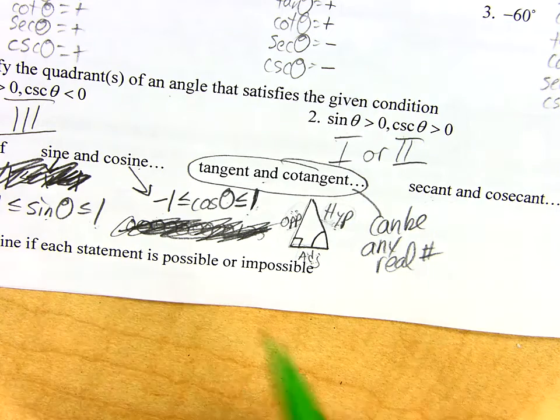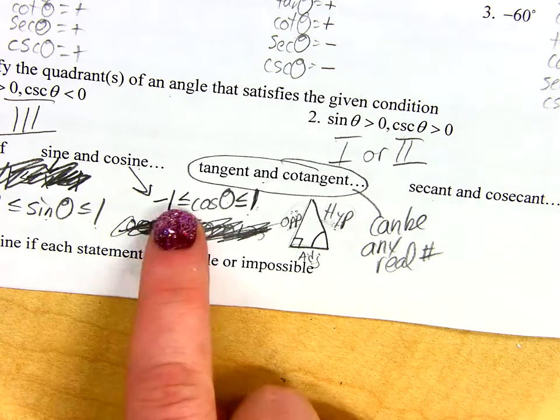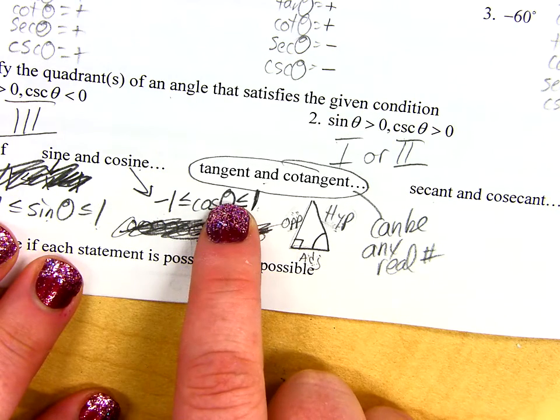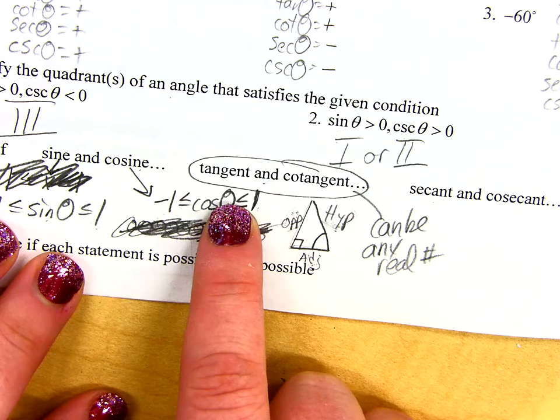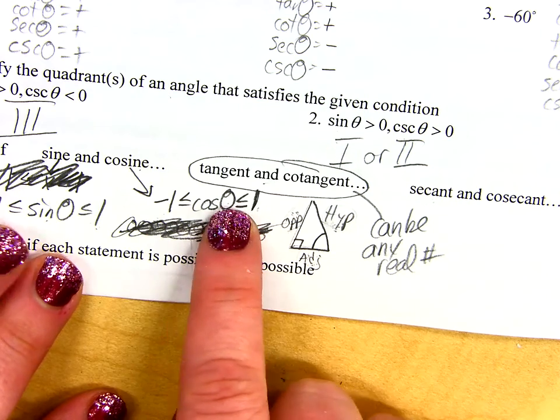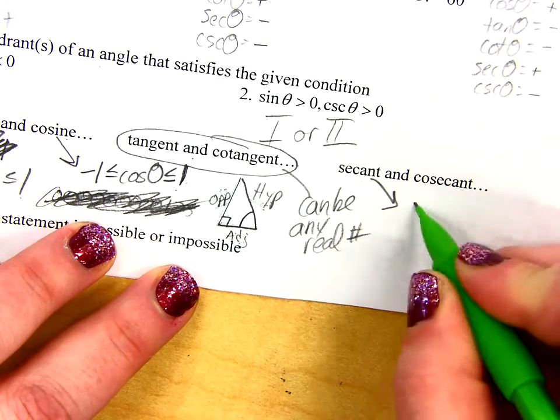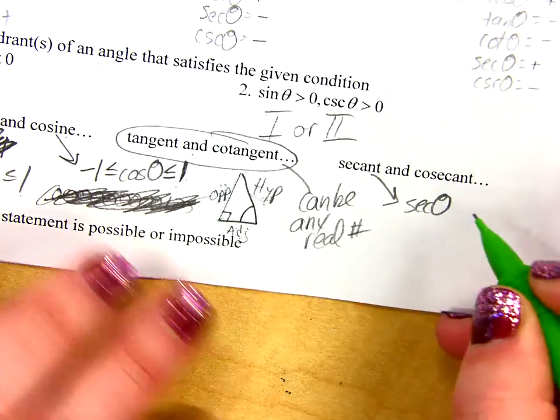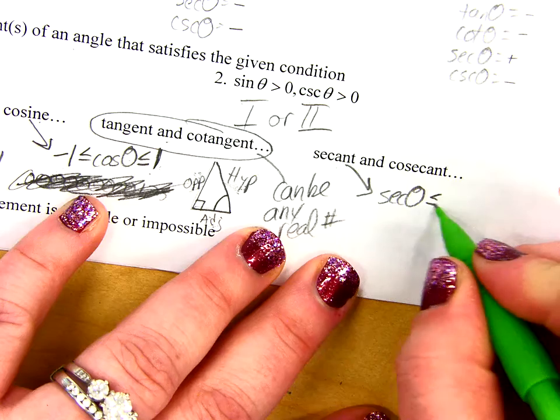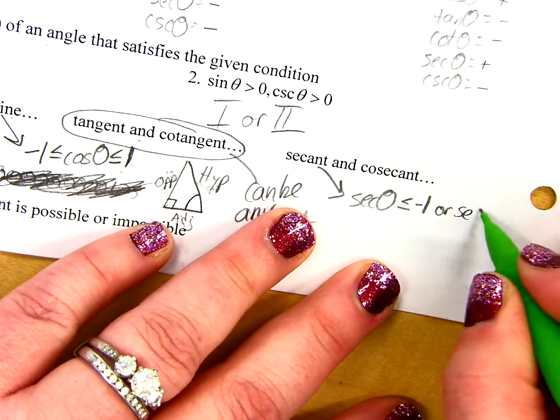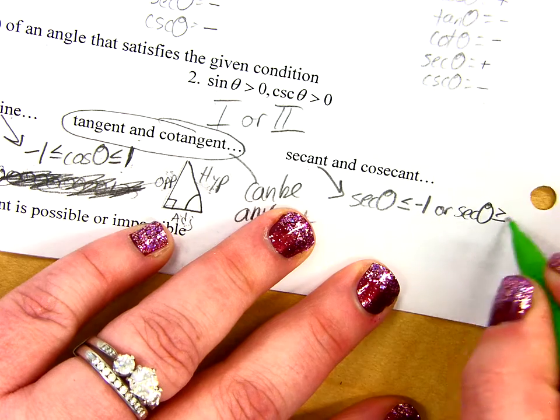So basically, when you take the reciprocal, it's everything except this. Isn't that interesting, right? Because once you take the reciprocal, you're out of this range now. So secant of some angle has to be less than or equal to -1, or it can be greater than or equal to +1.